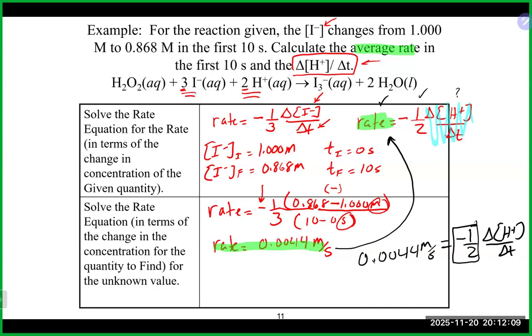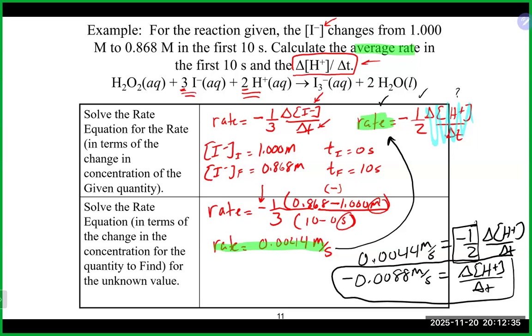But it's not just a 2, there's also a negative that needs to be multiplied as well. So we multiply by negative 2 on the other side, and we end up with minus 0.0088 molar per second as how the concentration of H plus is changing over time.